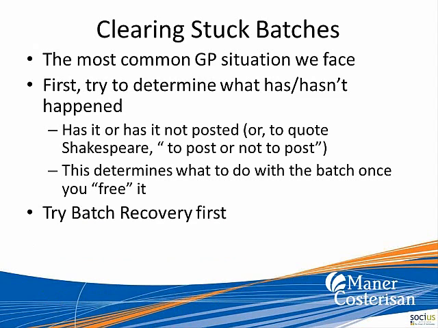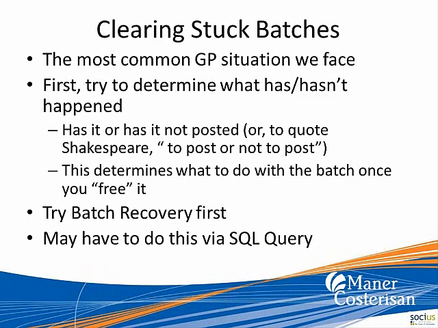The first thing you're going to try, this is a GP thing, is batch recovery. And I think I have some screenshots of this because I don't have anything in batch recovery. If batch recovery doesn't work, you may have to do this via a SQL query. That's the thing we were in, SQL Query Manager.